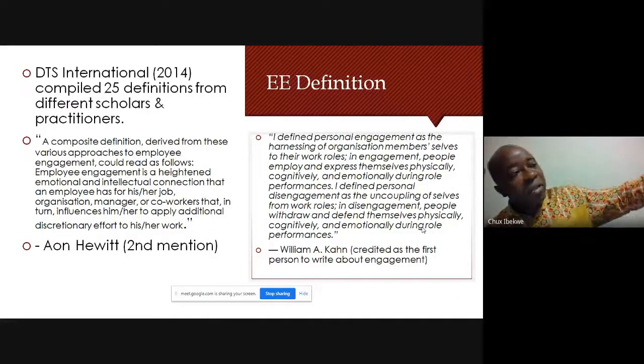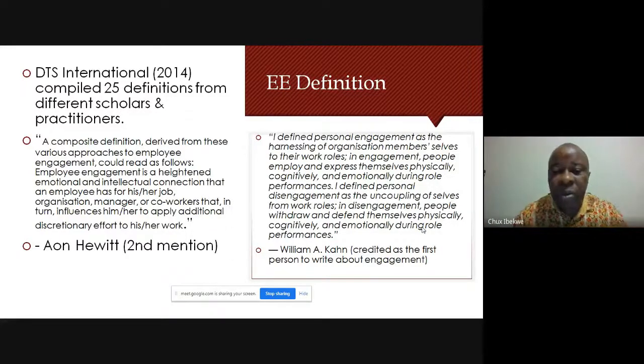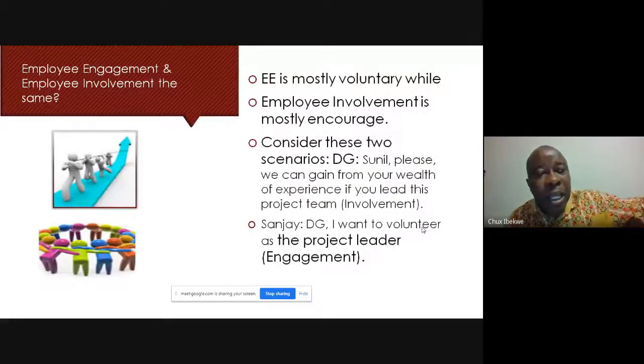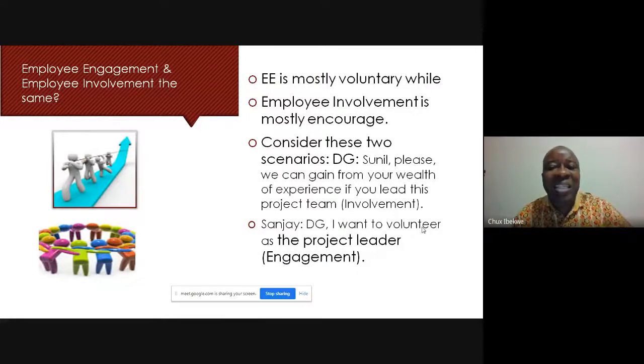Then the other definition that I like is one given by William Kahn. He defined personal engagement as the harnessing of organization members themselves to their work roles.